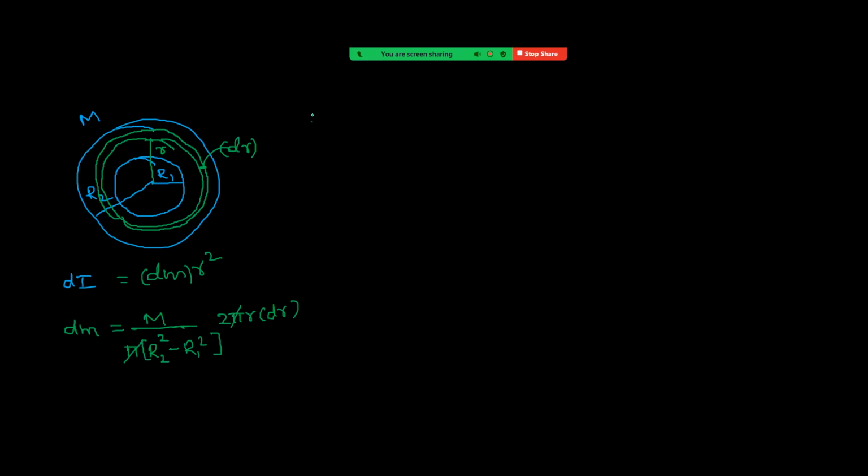Substitute now. I equal to integration of dm into r squared. In the place of dm, it is now M upon r2 square minus r1 square into 2r dr. That is dm into r squared.